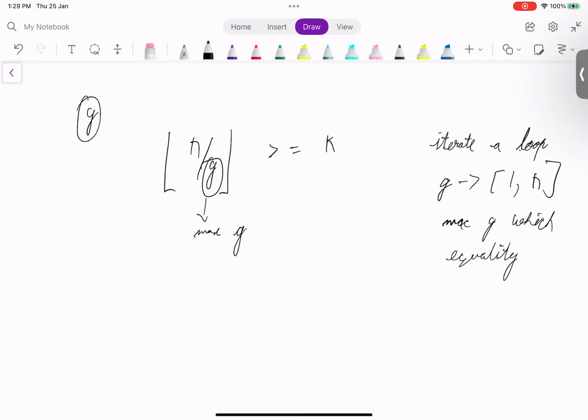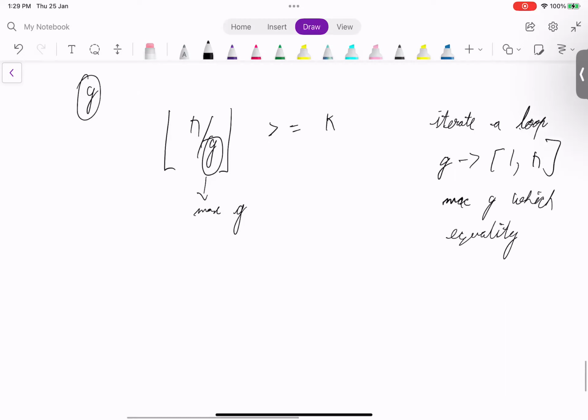This way we can find the maximum G. Iterating a loop is fine according to the constraints for this question. And there is also a way to find the same thing without iterating a loop.